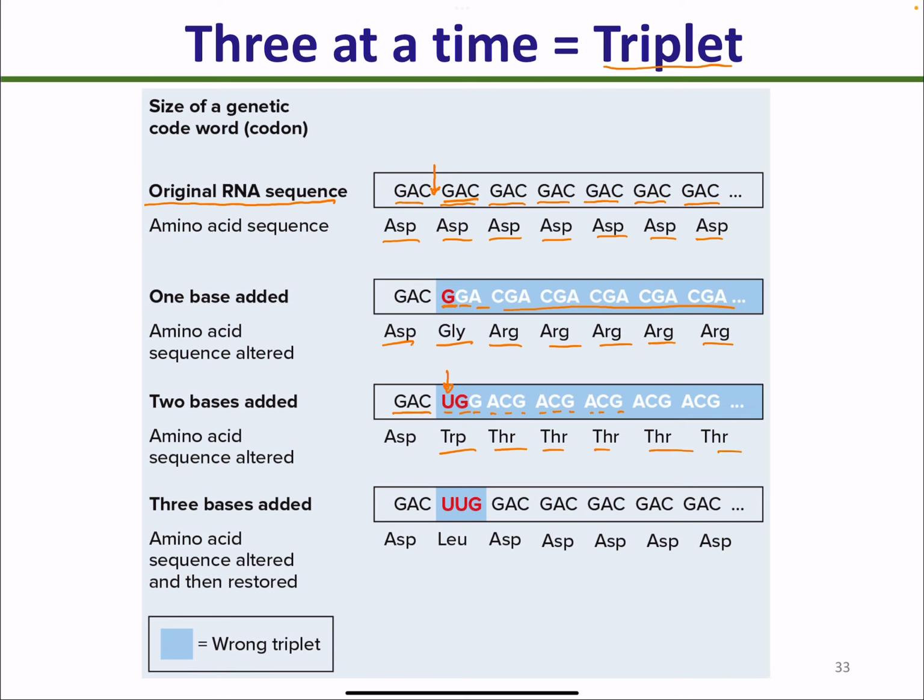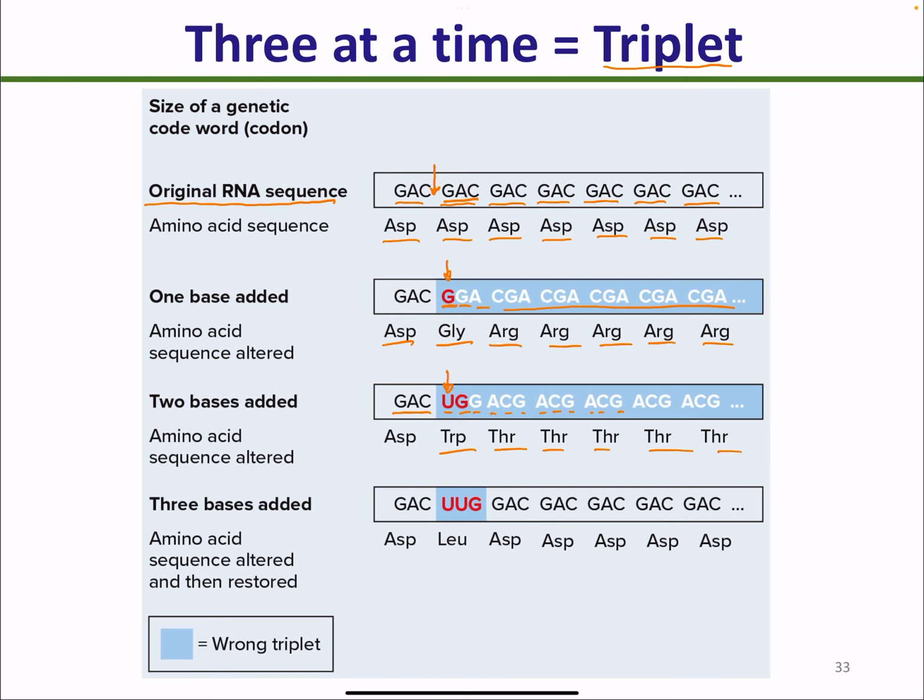Okay, a completely different sequence. So you see that whenever you have an addition of one nucleotide and two nucleotides, we have a frame shift.